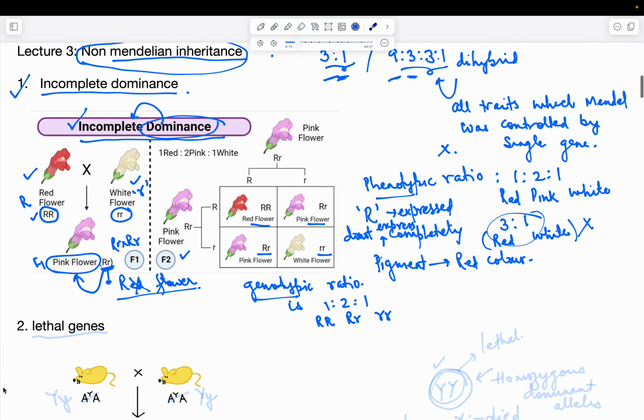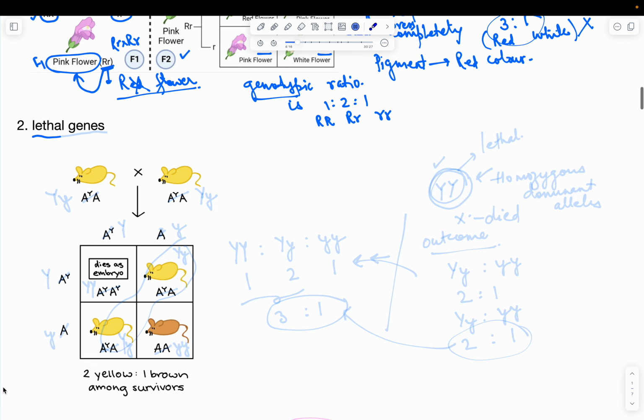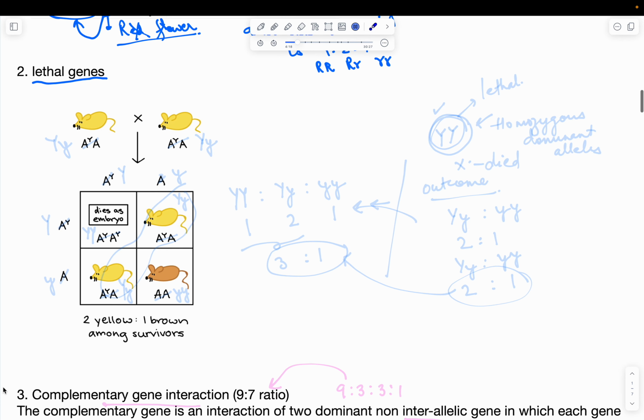The second phenomenon which does not follow Mendel's inheritance is lethal genes. This is a bit confusing, so you can change the genotype here. Scientists took two yellow mice, which were hybrid. These are the genotypes of these two yellow mice.